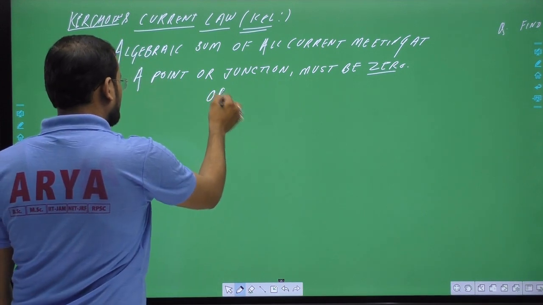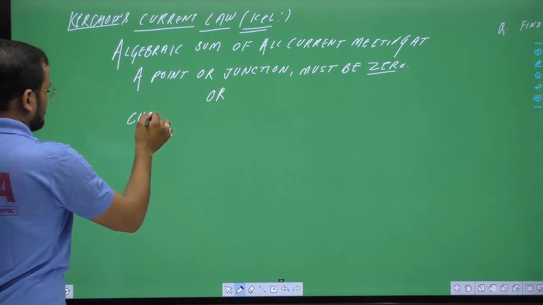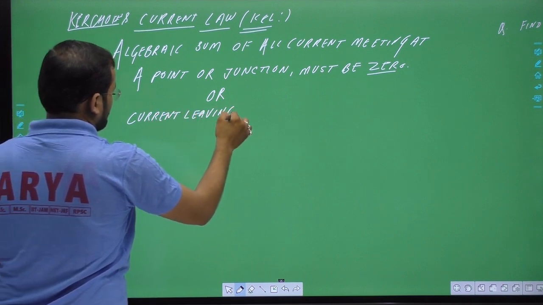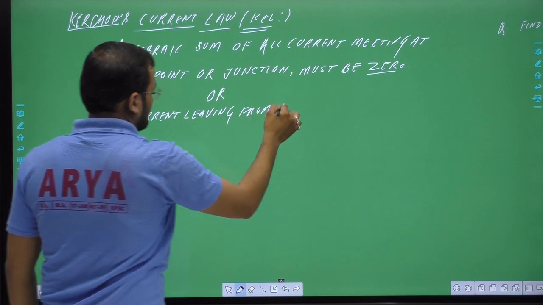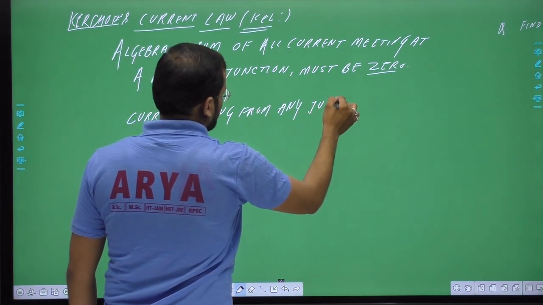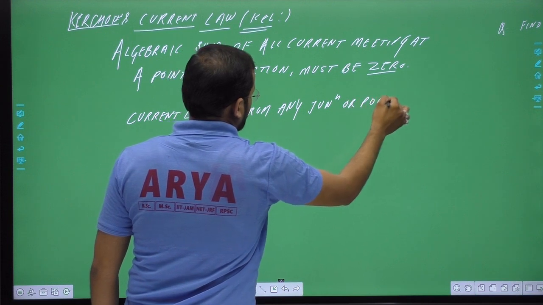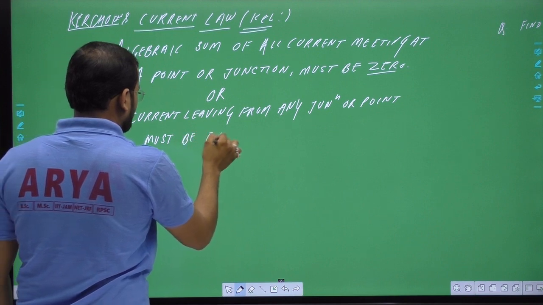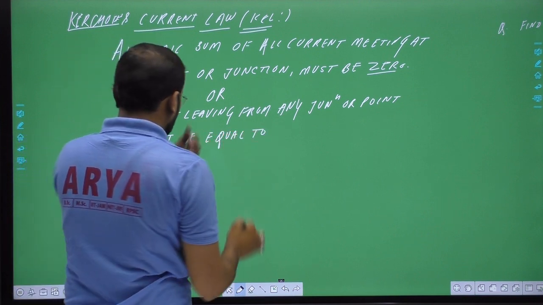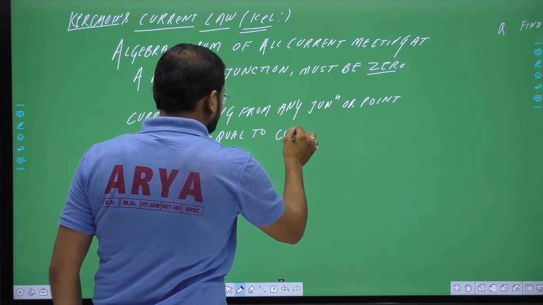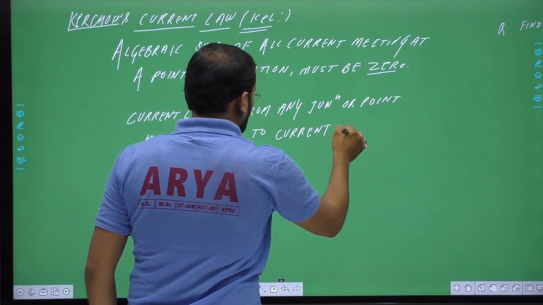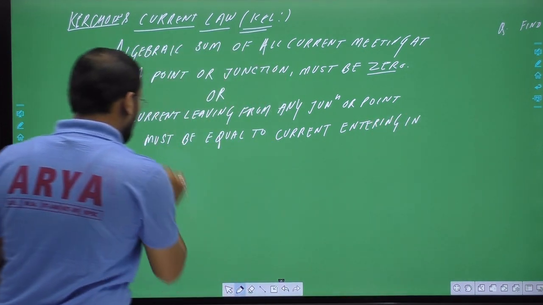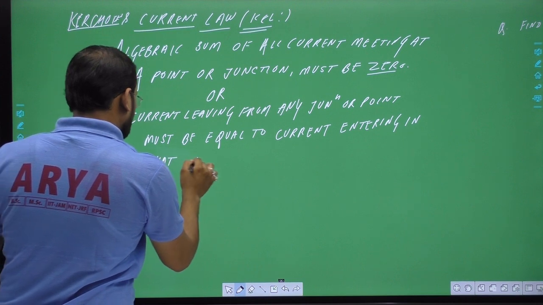or we can say that the current leaving any junction or point must be equal to the current entering that junction.